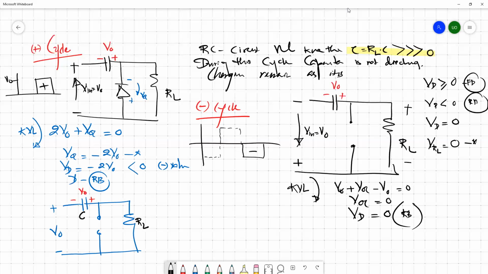Then if we go for the fourth cycle, a positive voltage appears across this one.